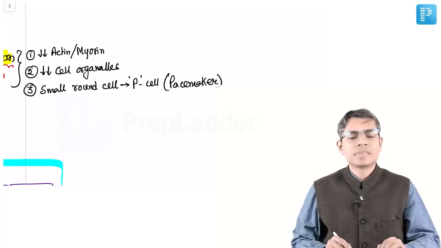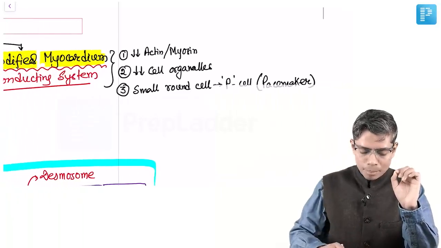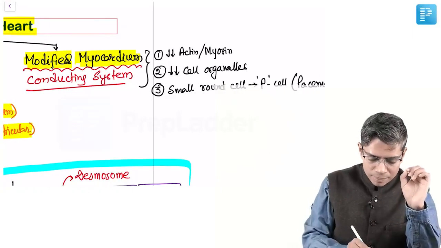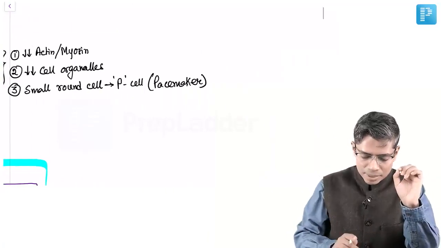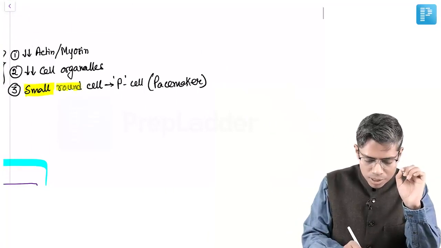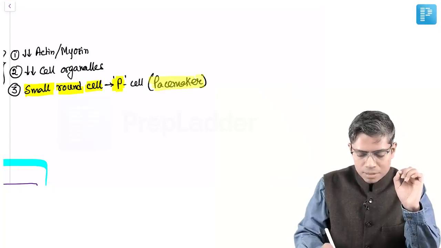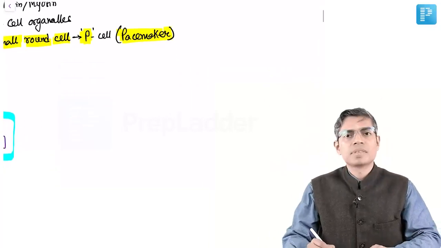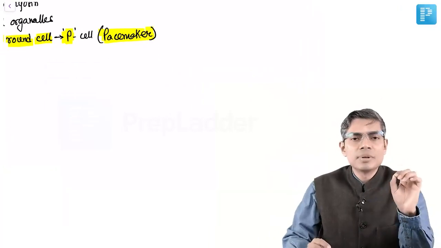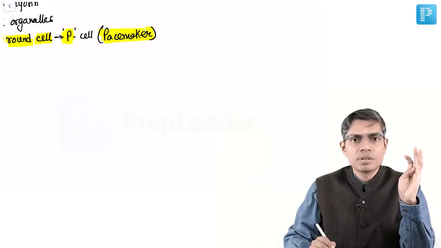So what I'm saying, all parts of the conducting system, they are made up of which kind of myocardium? Modified myocardium, right? And this modified myocardium contains a small round cell, and that cell is known as P cell. P stands for pacemaker cell, meaning pacemaker cells are present within each and every part of the conducting system of the heart, starting from SA node, AV node, bundle of His, and Purkinje fiber.